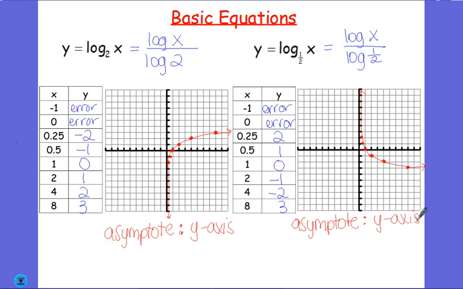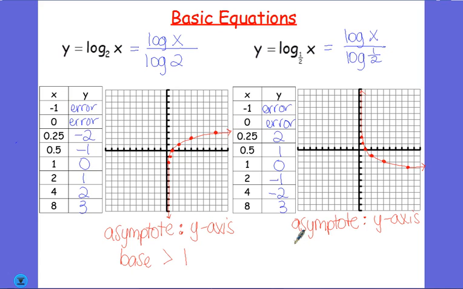So how do we know which graph we're going to be looking at? This has to do with the base. If you notice this one, the base was 2. When the base is greater than 1, you're always going to have this slowly going up that way. So you're going to go up, up, up, up, up, and then curve to the right.